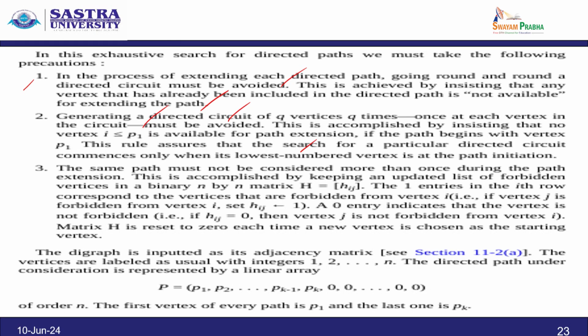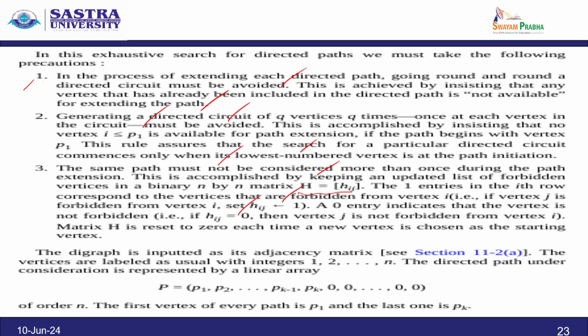Third point, the same path must not be considered more than once during the path extension. This is accomplished by keeping an updated list of the forbidden vertices in a binary n cross n matrix H equal to Hij. The one entries in the ith row correspond to the vertices that are forbidden from vertex i. If vertex j is forbidden from vertex i, Hij equals 1. A 0 entry indicates that the vertex is not forbidden: Hij equal to 0 means vertex j is not forbidden from vertex i.